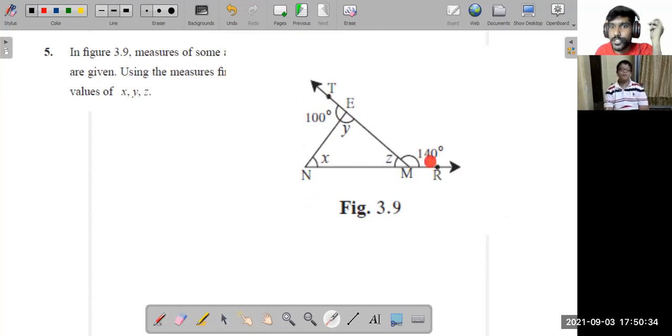Linear pair. So these two angles are in linear pair. So how much will be angle z? Angle z will be 180 minus 140, that is 40 degrees. So by linear pair, you'll get this to be 40 degrees. Now, how about here?